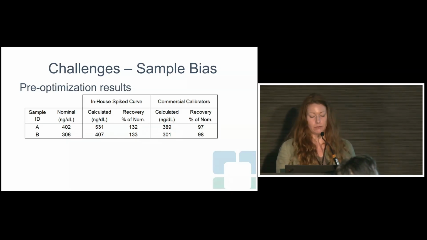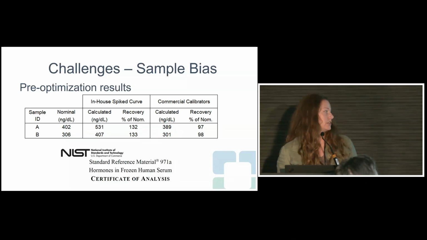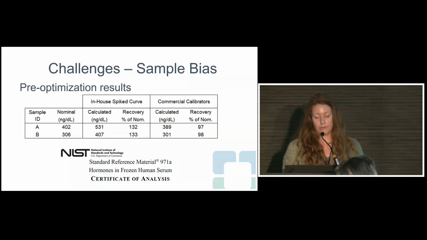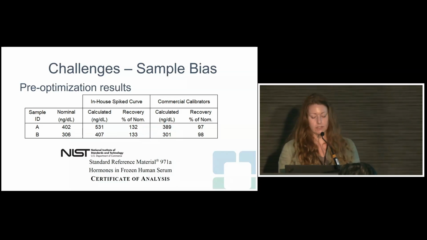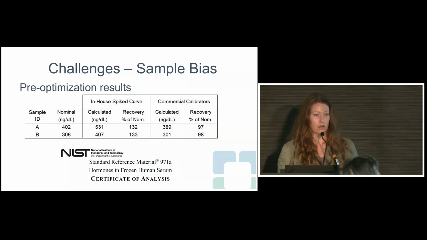So here we can see we have a high sample bias with our in-house spiked curve versus commercial calibrators. Using the NEAST standard reference material, which is available through NEAST, we were able to look at our calibrator prep and use different carrier solvents to dilute our reference material in, and then really focused on integrating the analyte into the matrix during the high-level sample prep, so the serial dilutions or subsequent dilutions perform better.